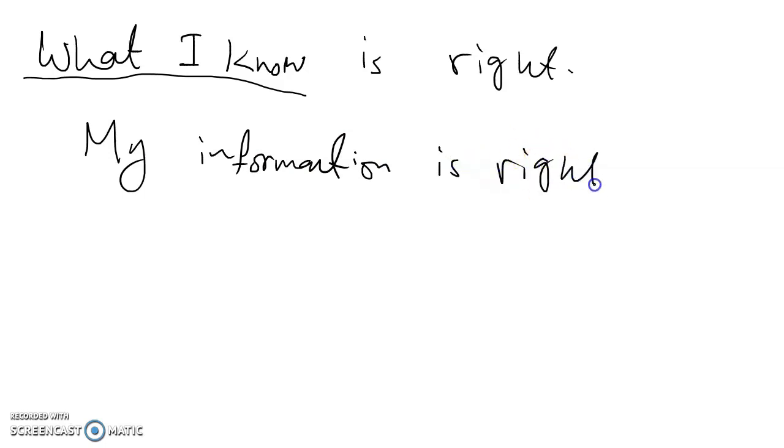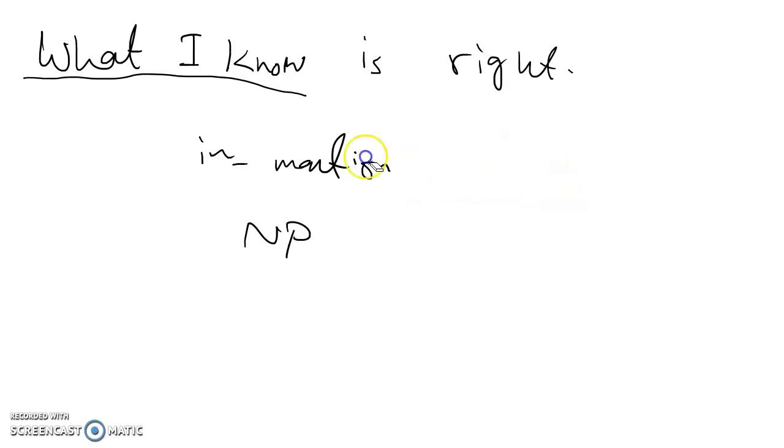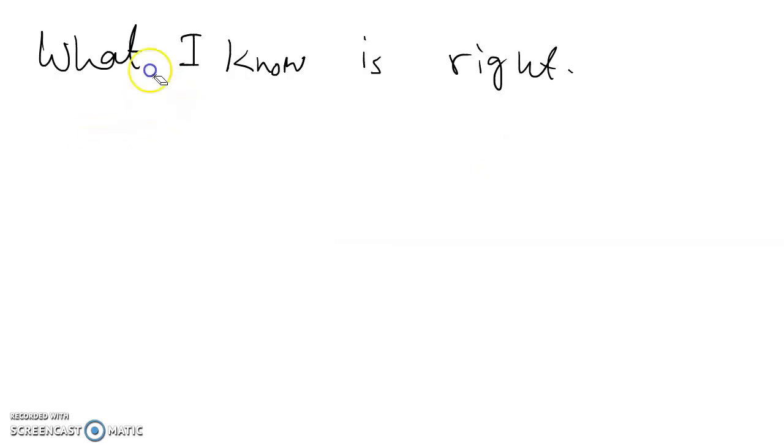So if we think in this way, we can consider that this is the subject of the sentence, or this is the NP that I have. So instead of having my information, we have what I know. So we will think about what I know as the DP for my sentence. We will start, of course, analyzing this sentence with CP, this is the whole sentence, which consists of a C bar.